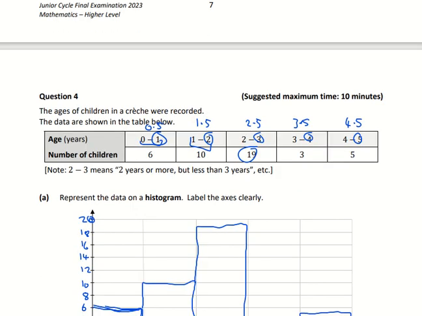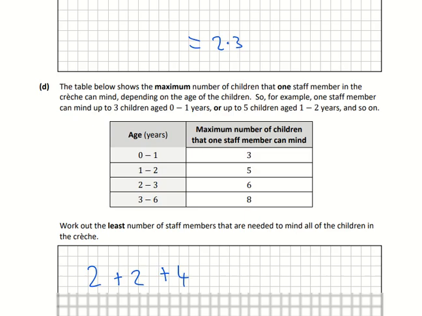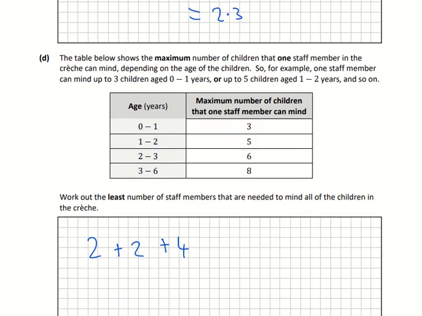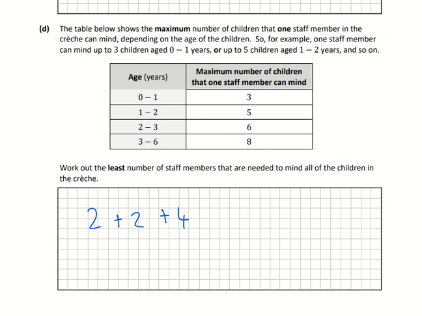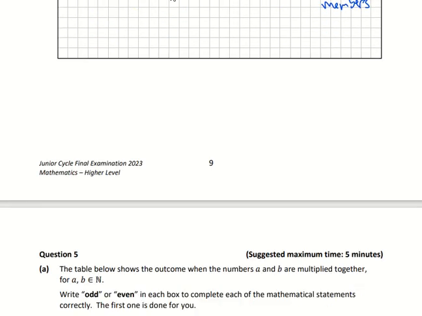So between 3 to 6, there's 8 kids altogether there, and one staff member can mind 8 of them, so that's just plus one staff member there, so that'll be 9 altogether when we add those up. So that's it then, that's all for question 4.